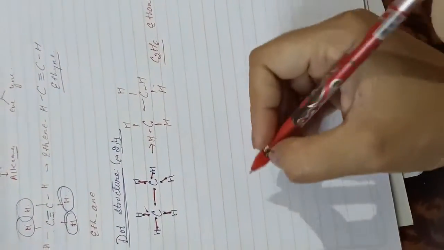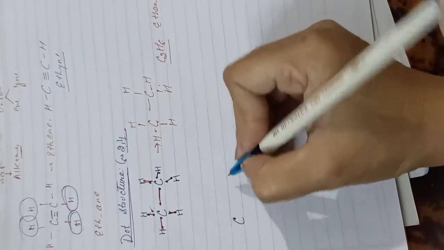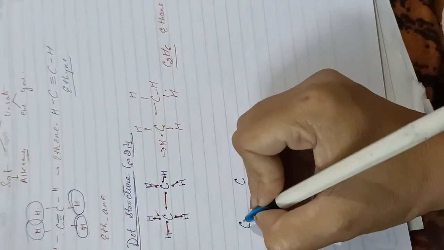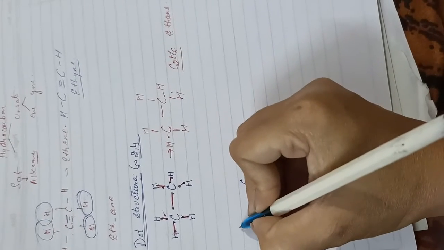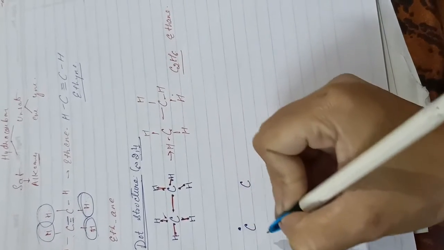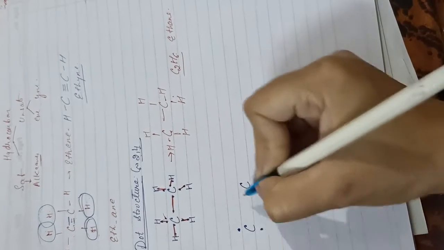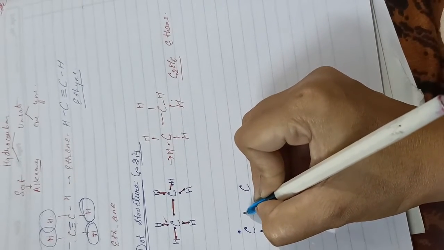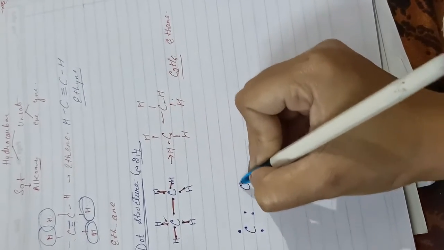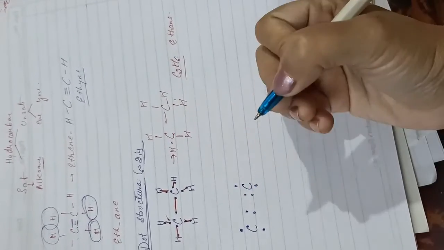Fine. Now the second one we will take. We have taken one carbon and the next carbon. Carbon again has 4 dots on the last side, so 1, 2, 3, 4 for each.